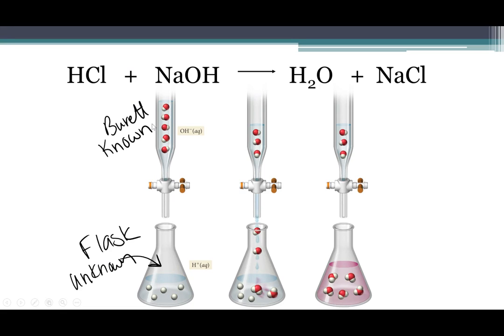All right, so we're going to mix our known with our unknown. So we open up the burette, we let it drip into this beaker. So if you were to do this in the laboratory, you would open it up, close it, open it up, close it, open it up, close it. It's a very tedious process, right? So as you guys are opening and closing, you're going to want to find what's called the equivalence point.